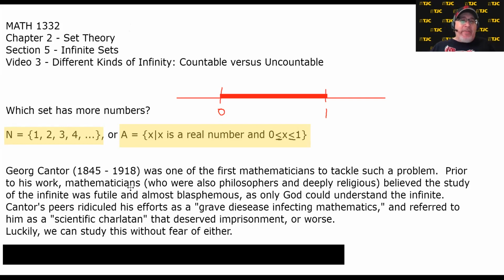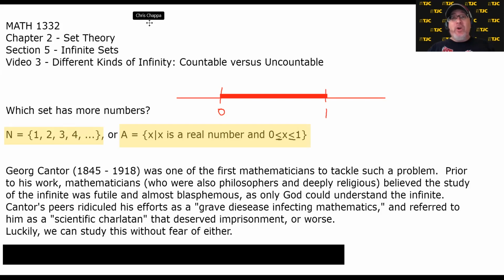But prior to his work, mathematicians who were also philosophers and deeply religious believed the study of the infinite was futile and almost blasphemous, as only God could understand the infinite. In fact, Cantor's peers ridiculed his efforts. They called it a grave disease infecting mathematics, and they referred to him as a scientific charlatan, and they demanded that he be imprisoned or even worse. Luckily, we can study this without any fear of such repercussions.